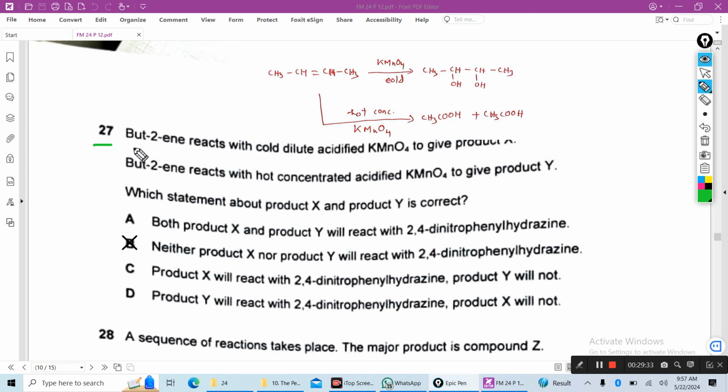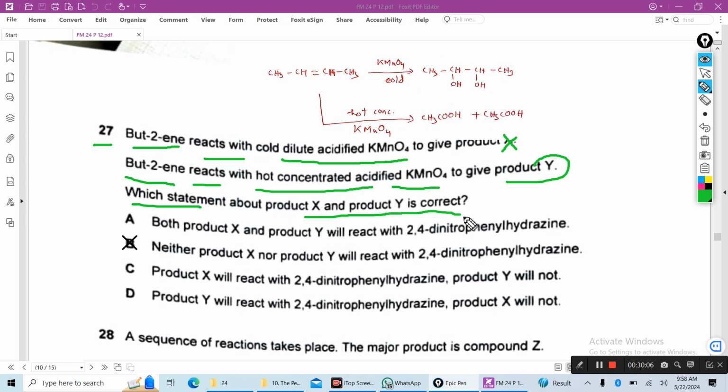(27) Butene reacts with cold dilute acidified potassium permanganate to produce X. Butene reacts with hot concentrated acidified potassium permanganate to give product Y. Which statement about products X and Y is correct?